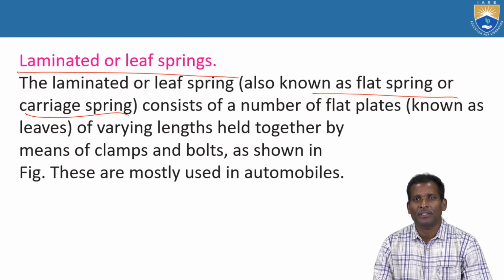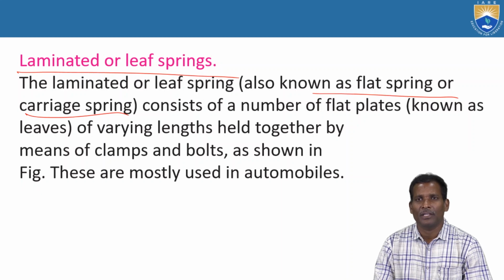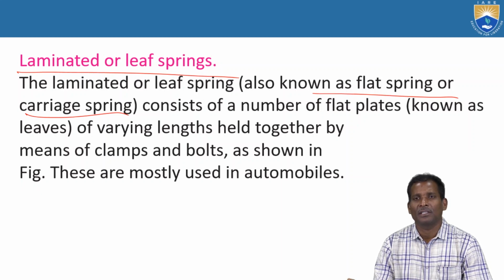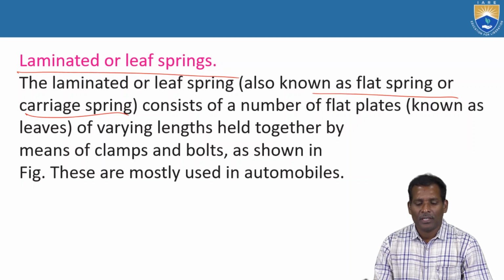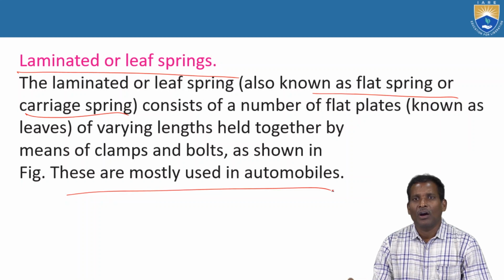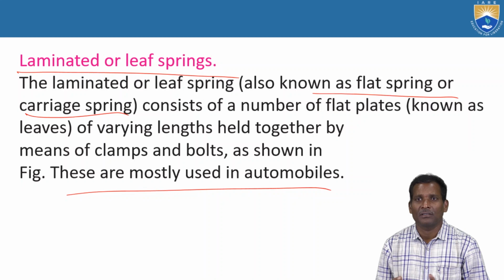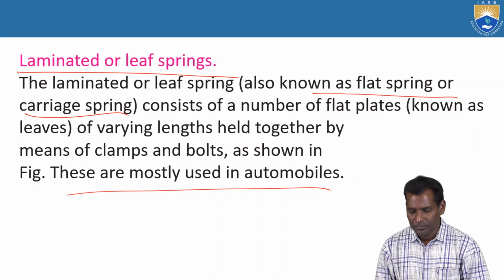These are called laminated springs. It means a number of leaves, a number of plates, laminated to each other with varying lengths. The diagram I will show you. After lamination, all the plates are clamped with the help of bolts.